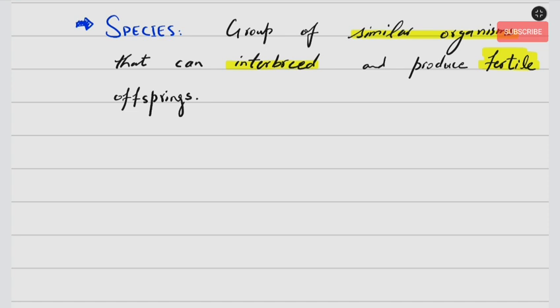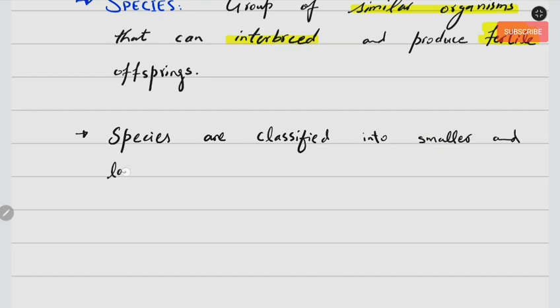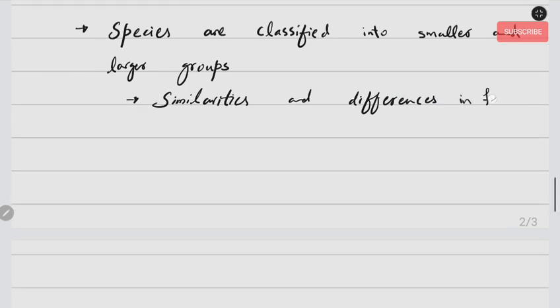Now, these species, these groups are further classified, or you can say divided, into smaller and larger groups. On what basis? On the basis of their similarities and differences in characteristics, in features.